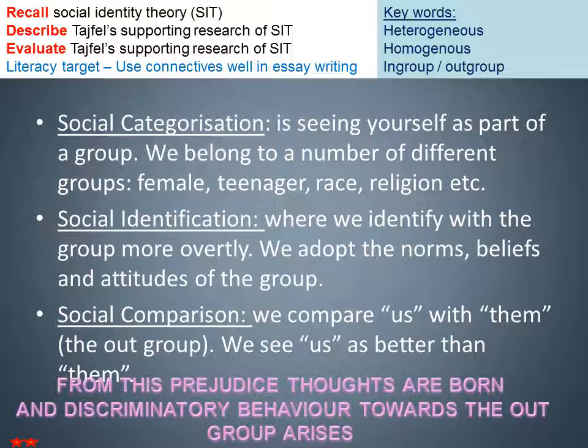So we start to adopt the norms, the beliefs, the attitudes of the group. And social comparison is the final stage, where we will always compare our in-group with the out-group. And it's really important, as I just mentioned, for our self-esteem, that we see our group, the in-group, as better than the out-group. From this, Tajfel and Turner say that the prejudice thoughts are born, and it is from the prejudice that discriminatory behaviour will come from.